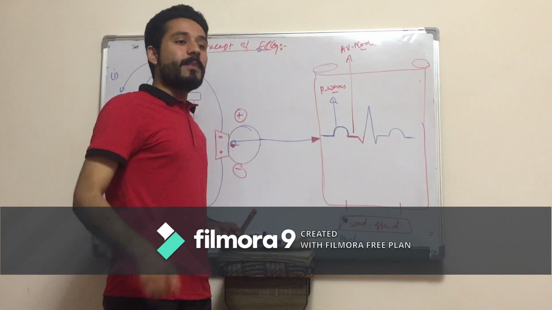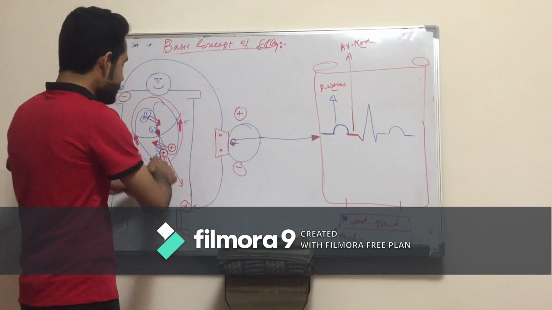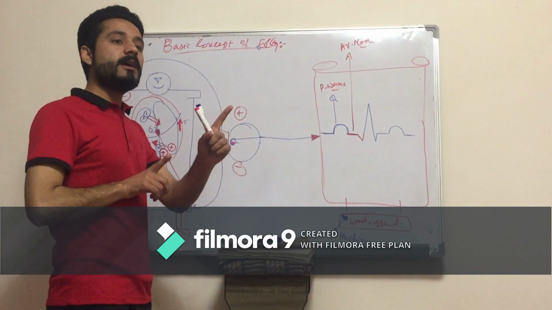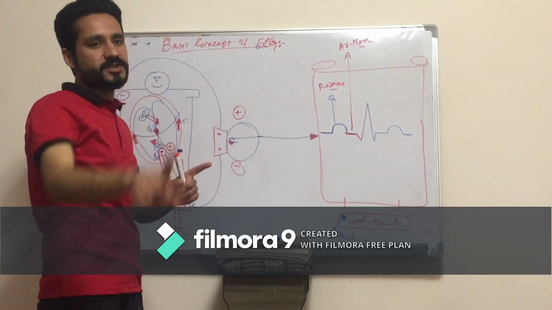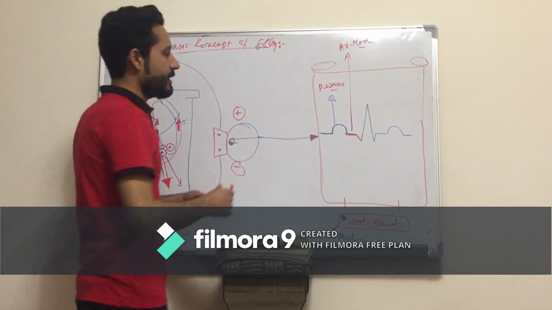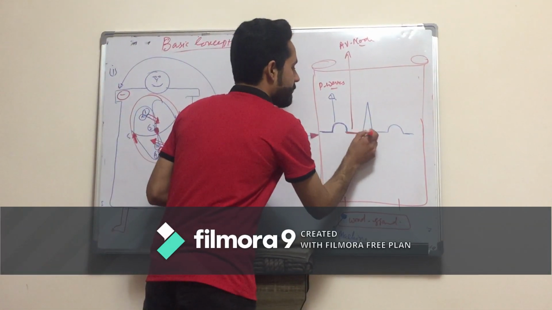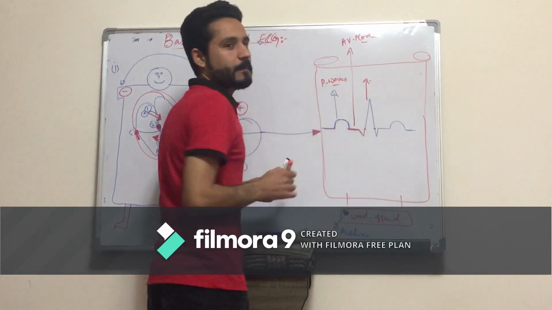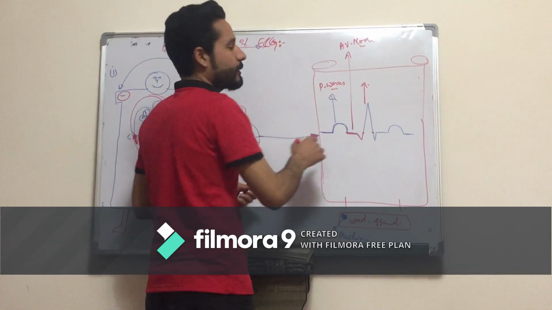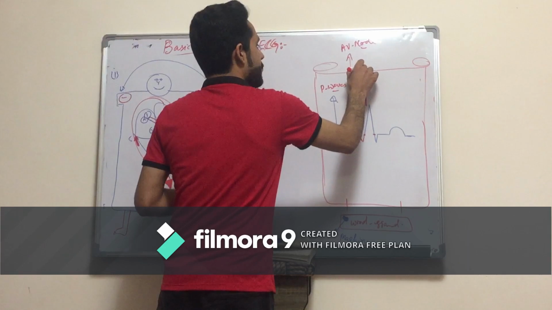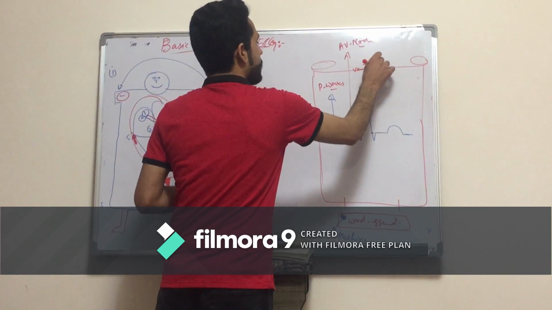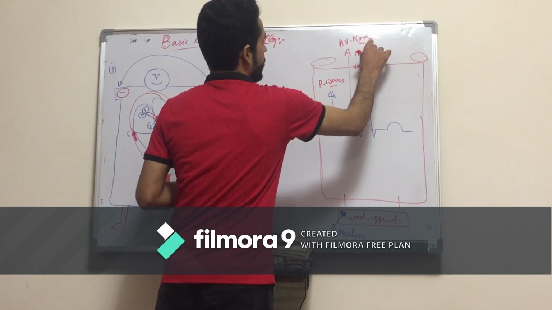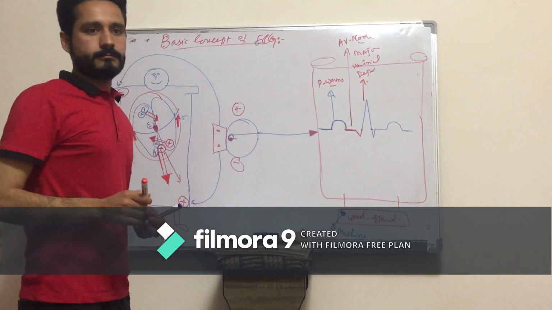The deflection will be positive, but this is major ventricular depolarization. So there will be a sudden fluctuation in the pattern of the ECG. And from this point to this point, this is actually what? Major ventricular depolarization. QRS waves.